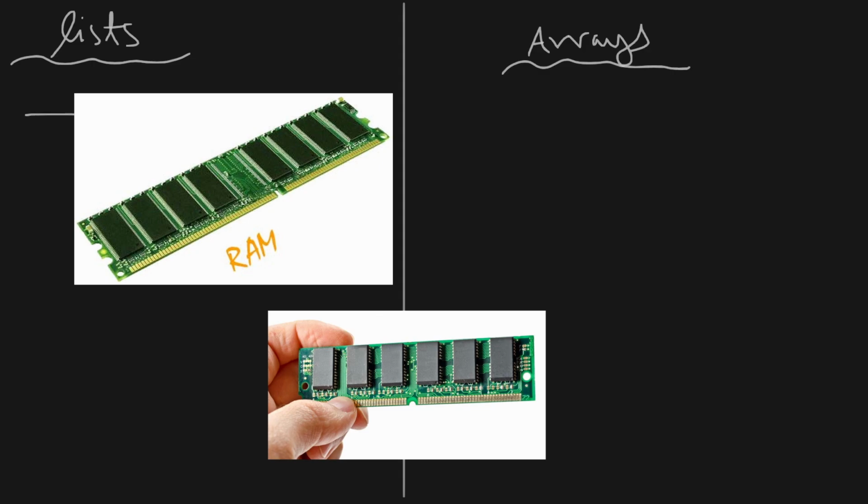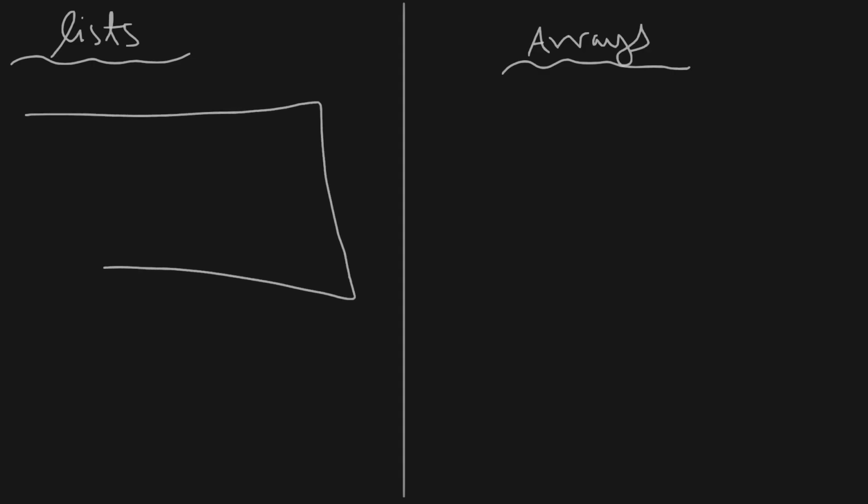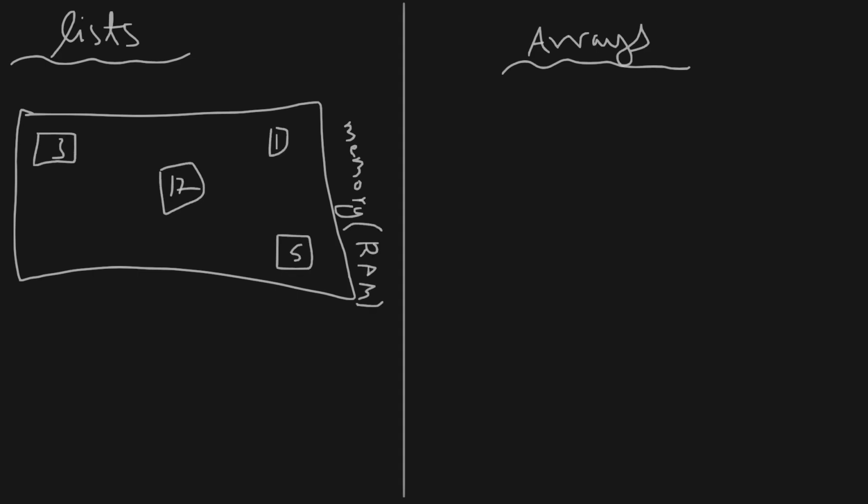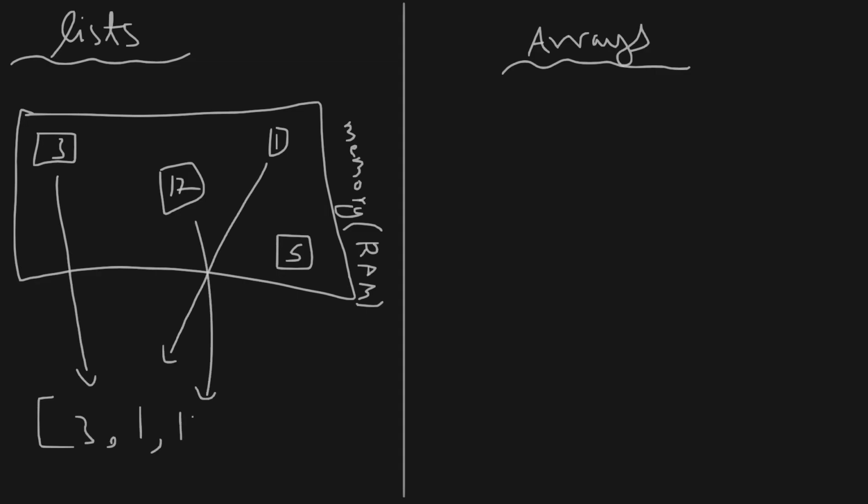So to understand what the differences between an array and a list are, we need to see the following animation. Mainly, the difference between a list and arrays comes down to how they store the data inside the computer memory, aka the computer RAM. So let's say this ugly drawing represents our computer memory. A list will be storing its data everywhere inside the memory in a random chaotic order, and it will put the data wherever it finds an empty spot.